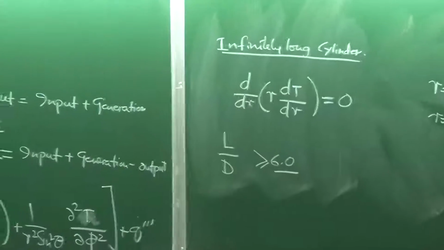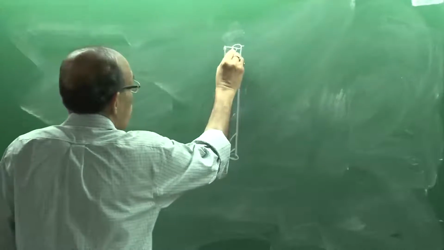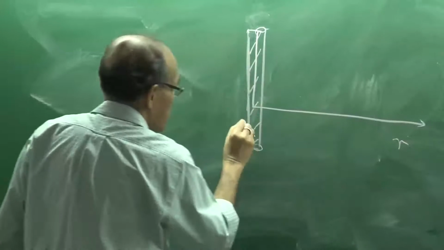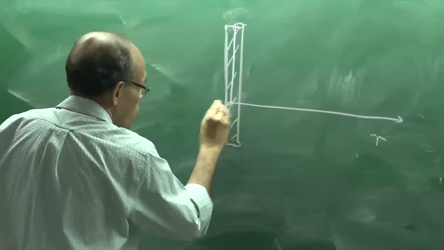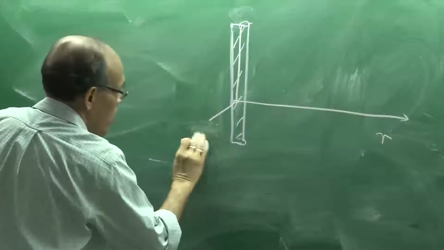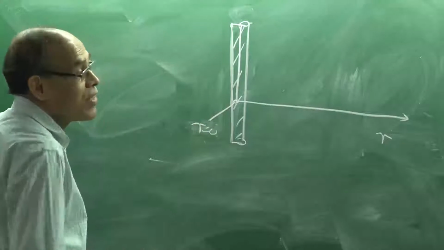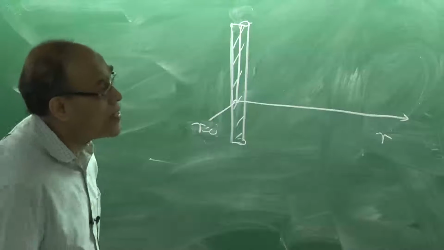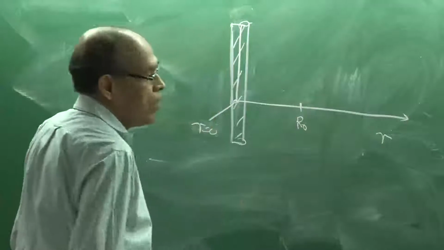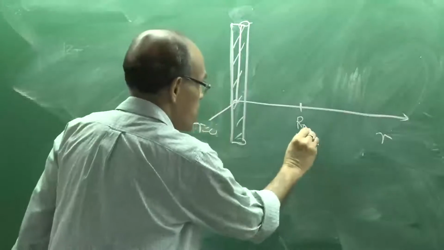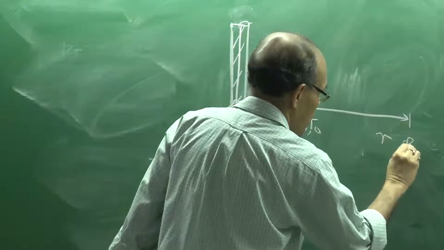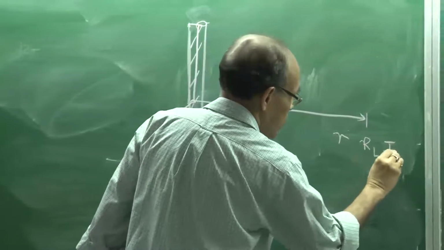So, if the axis is this, this is the radial direction, I would say r is equal to 0, then what I have given there as a boundary condition is r is equal to r0, and we have T is equal to T0, and we have said that r is equal to rL and T is equal to TL.